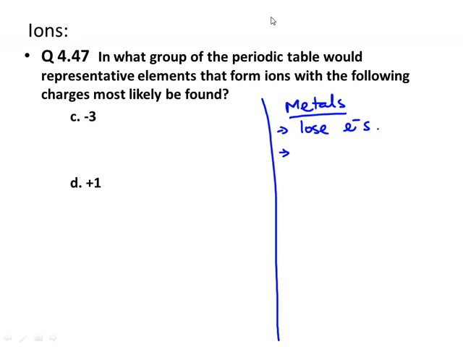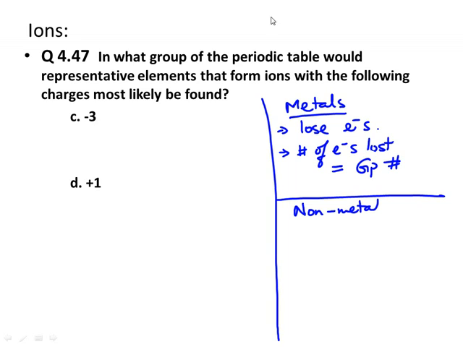Number two, the number of electrons lost equals the group number, and please remember, it's the Roman numeral that we are using. So that's for metals. For non-metals, on the other hand, when they make ionic compounds, they always do so by gaining electrons. When they are making ionic compounds, they never lose electrons, they never become cations.